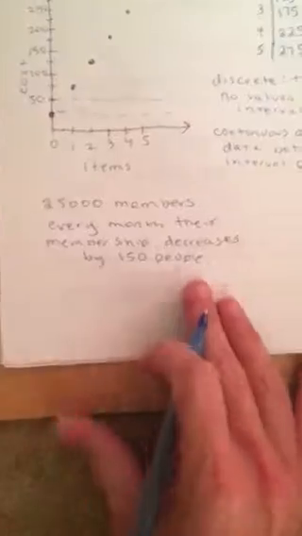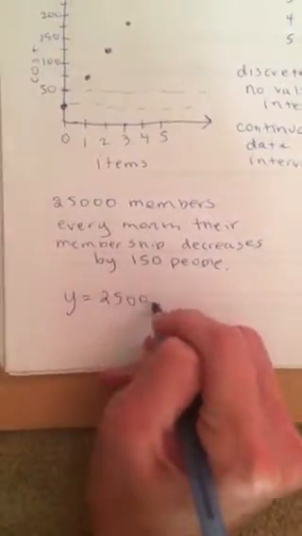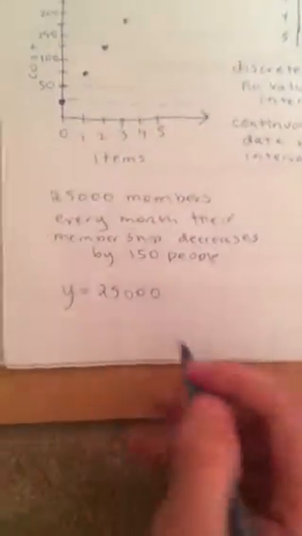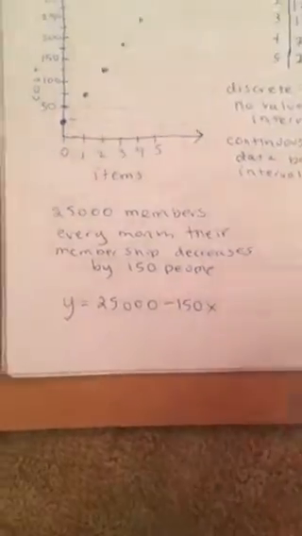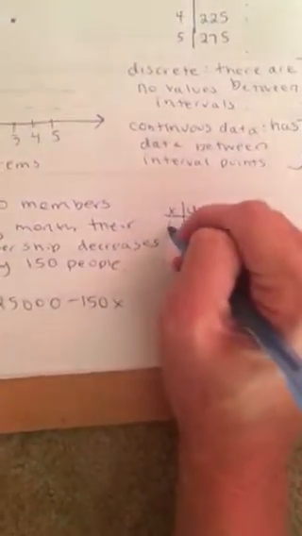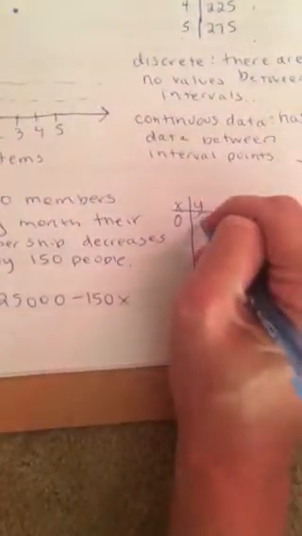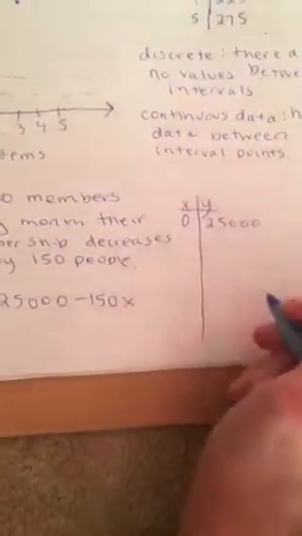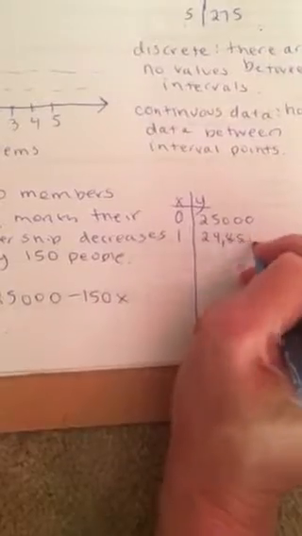All right. So what does this look like? If I'm trying to write this into an equation, we're looking at y equals, I'm starting with 25,000 people, but every month I'm going down by 150, right? And I can look at this in a table of values similarly. I'm starting with no time passed, 0 months, 25,000 people. After a month, I'm going down by 150, 24,850.